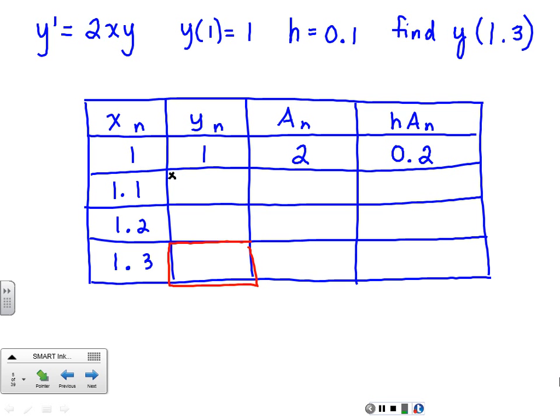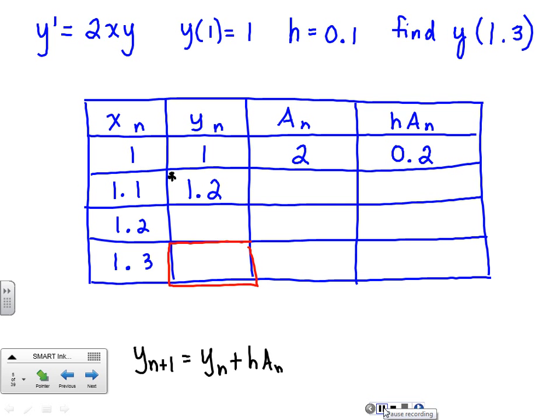Does anybody remember what the formula is? I forgot to write it down here. Y sub n plus 1 equals y sub n plus h times a sub n. Okay? So in this case, it's going to be 1 plus 0.2, which is 1.2.